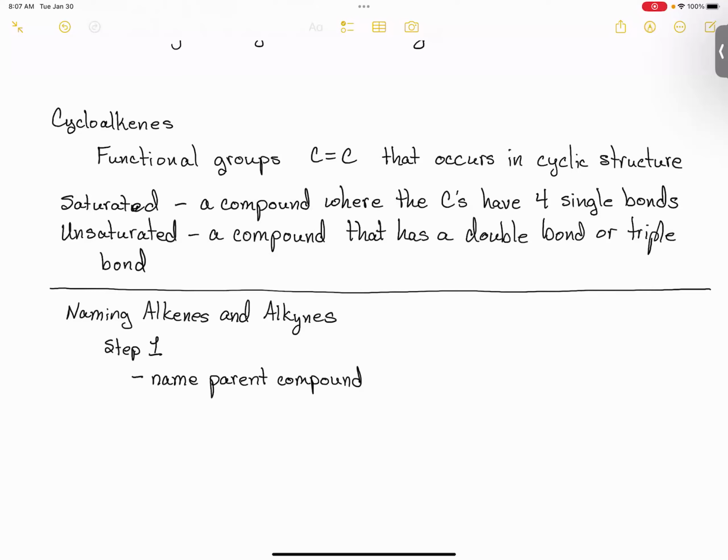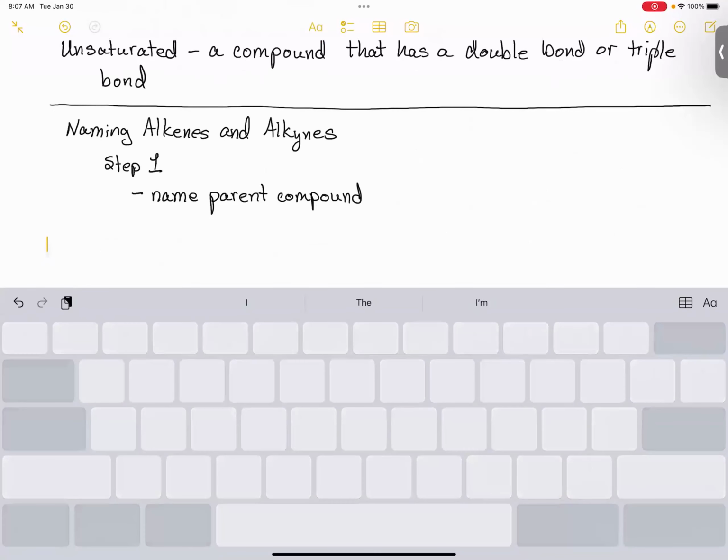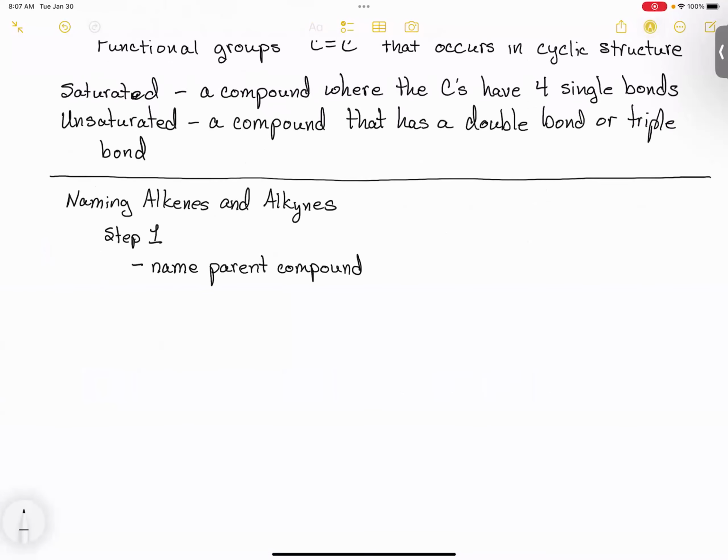The parent compound will be the longest chain containing the multiple bond.